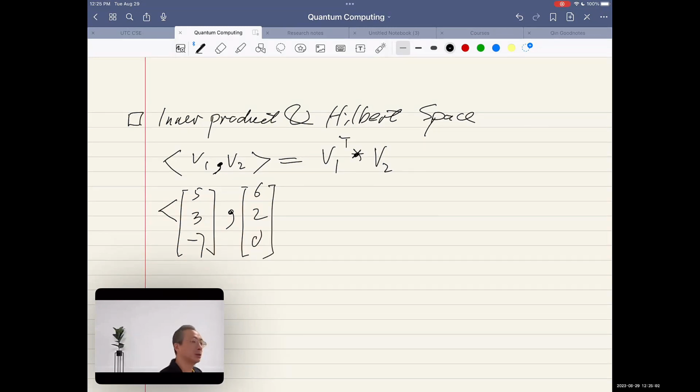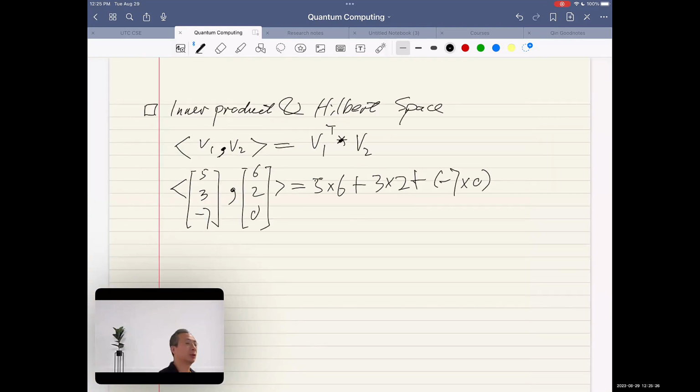We change this to 5 times 6 plus 3 times 2 plus minus 7 times 0, which is 36. So basically it is the element-wise product.